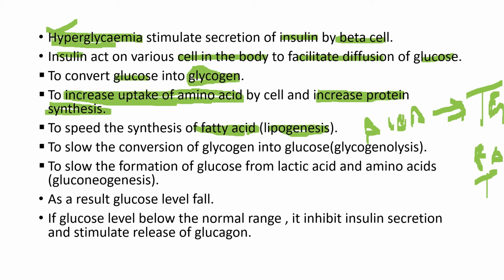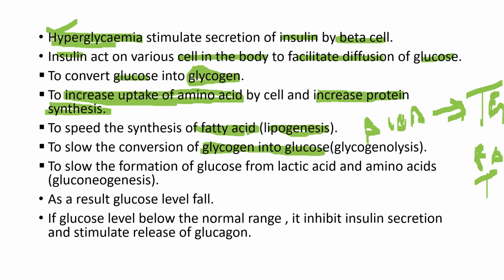It also slows the conversion of glycogen into glucose, so glycogenolysis is decreased. In glucagon it is increased, but when insulin is secreted by the beta cell, the conversion of glycogen into glucose is slowed down, and this is known as glycogenolysis.